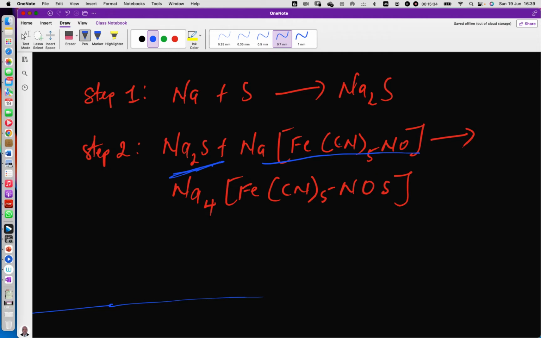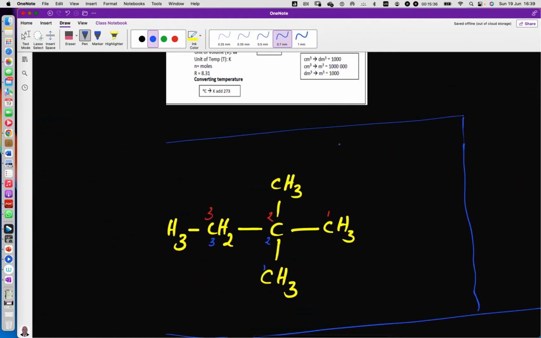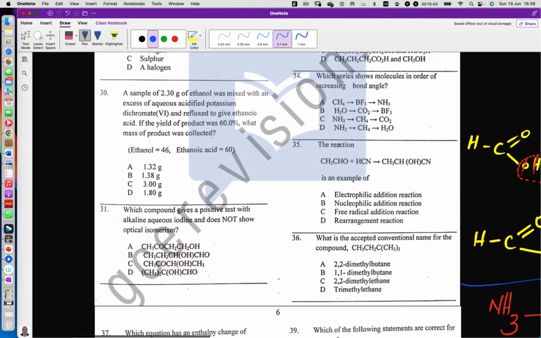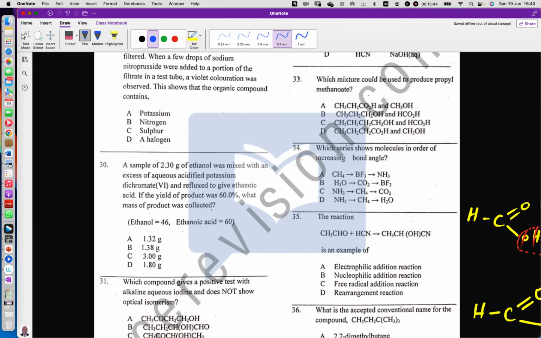So our question here was: this shows the organic compound contains what? Sulfur. Potassium? No. Nitrogen? No. Sulfur, yes.